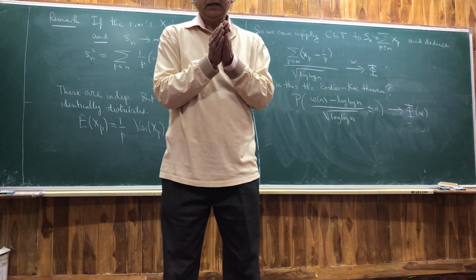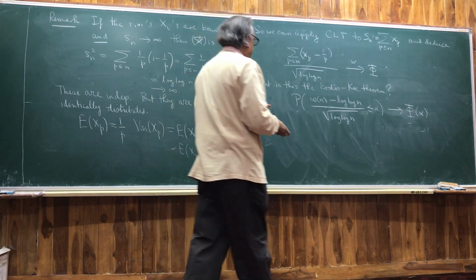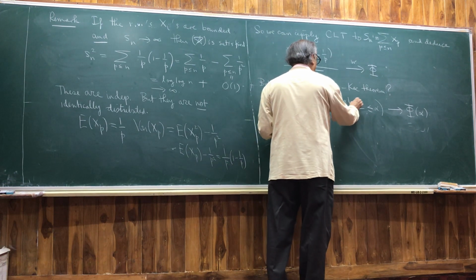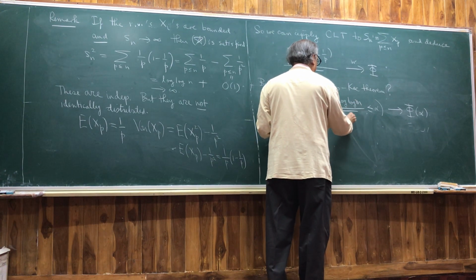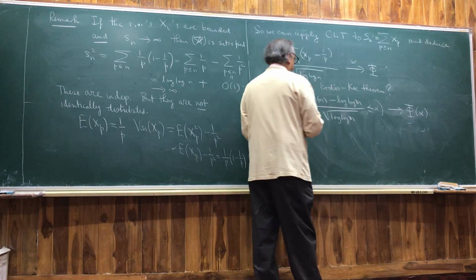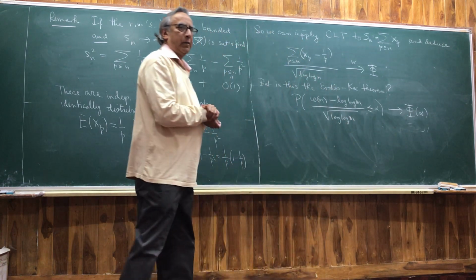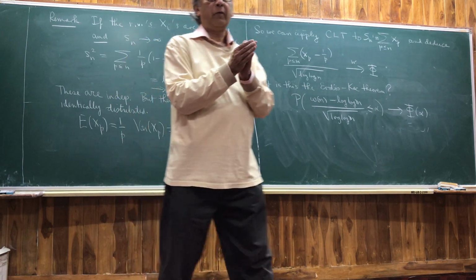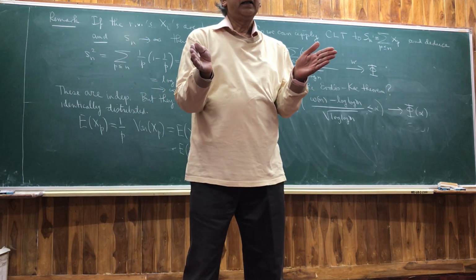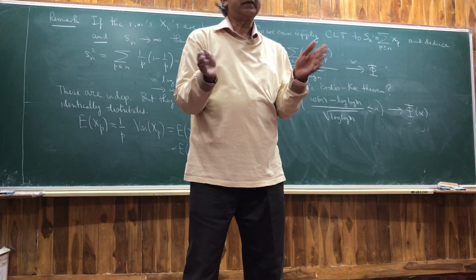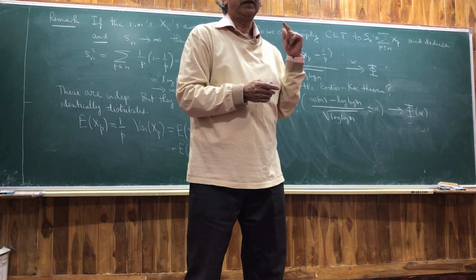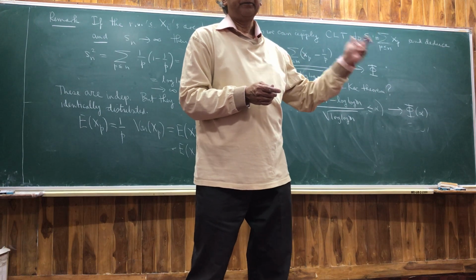It's taking the collection. Let me put an M here, if you don't mind. And what is it doing? It's taking the interval from 1 to n, counting the number of m's that satisfy this, finding the proportion, and then saying the limit is going to this.